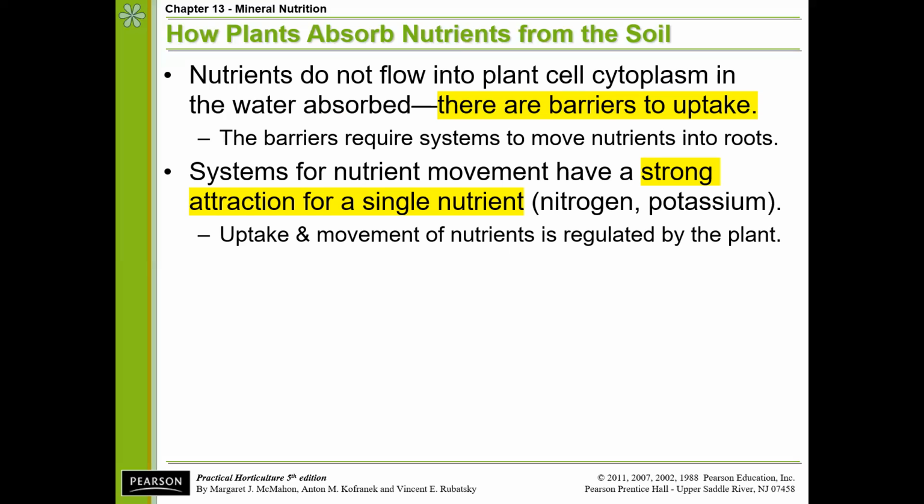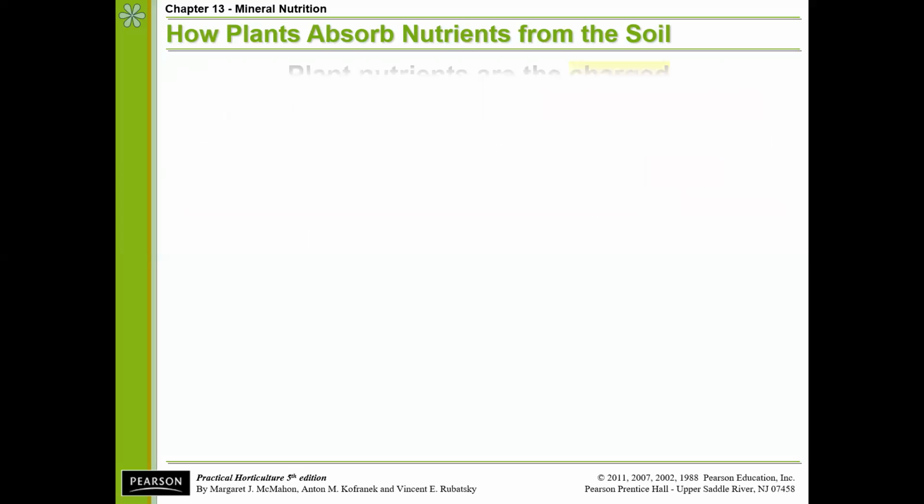So then once it's in the root, there are many more membranes before it actually gets into each cell. So it's kind of a complicated pathway, and recognizing that that pathway is there can help us to understand nutrient uptake and issues that are associated with that in plants.